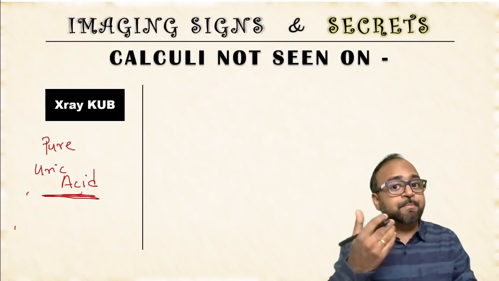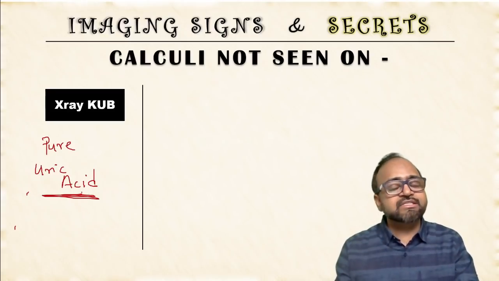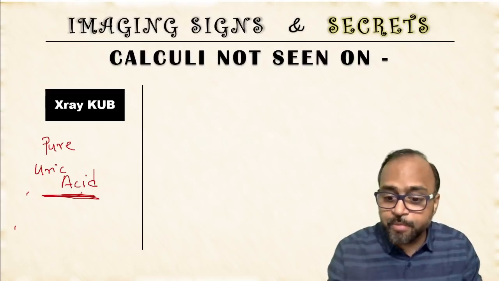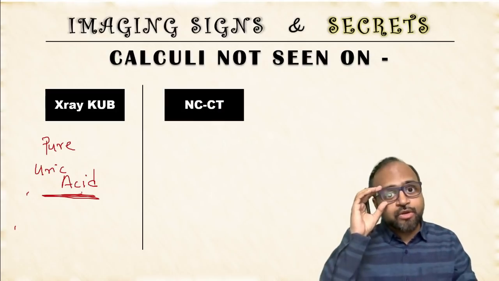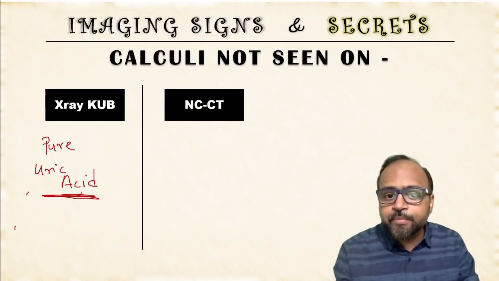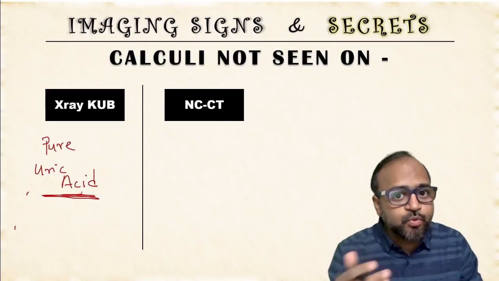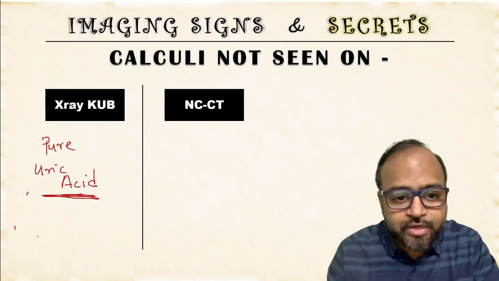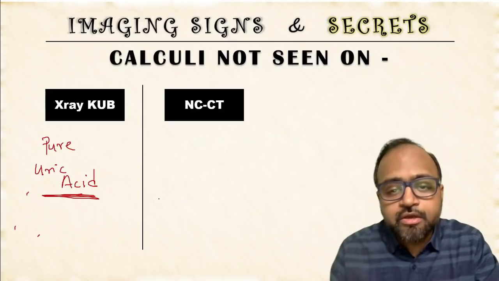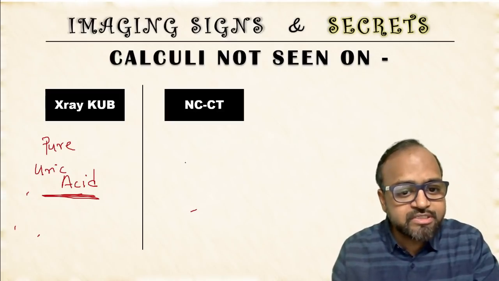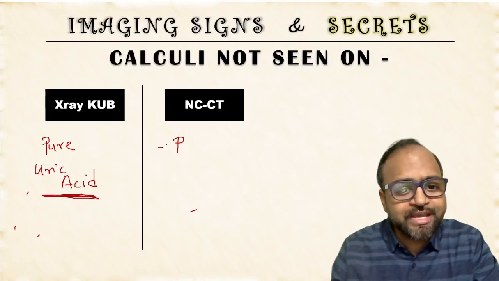Uric acid calculi may be seen on CT scans as a mildly hyperdense structure, but there are certain calculi which are not picked up on CT as well, right? And what are these calculi? These occult calculi, even on CT scan, are two calculi.